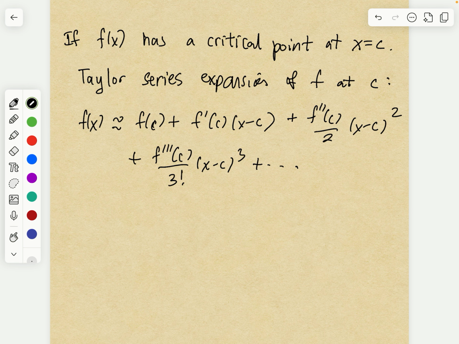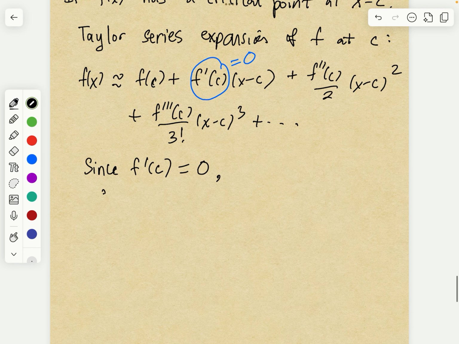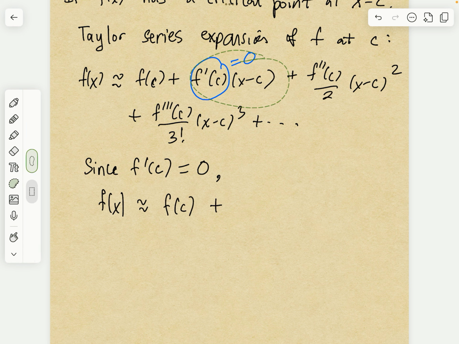Now, we have a point where f prime of c is 0. Since f prime of c is 0, this quantity here is 0, because 0 times x minus c is 0.